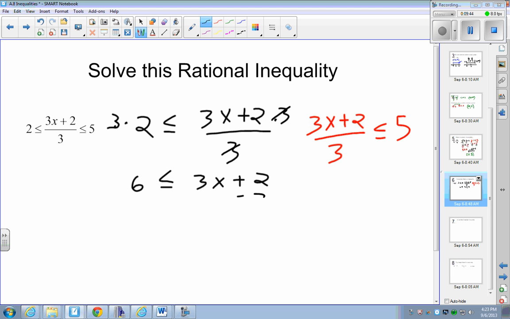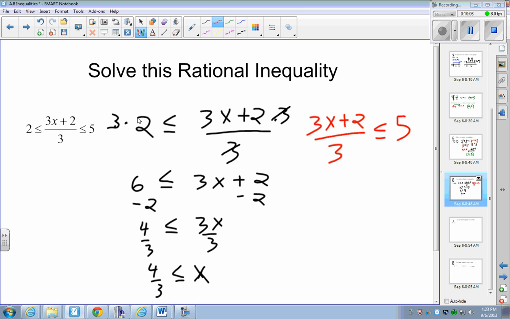So subtract the 2, subtract the 2, we'll get 4 is less than or equal to 3x, divide by 3, divide by 3. Okay, cool. So we got x by itself. Perfect. Now let's move on to the other one.